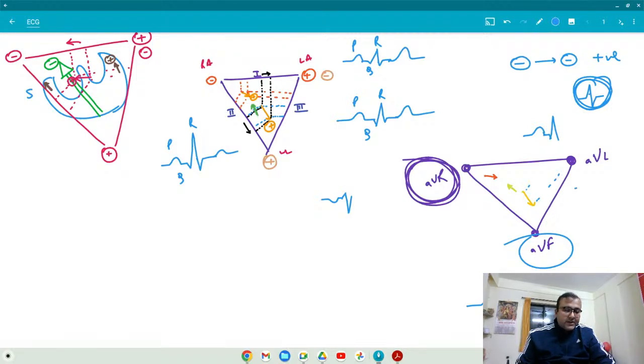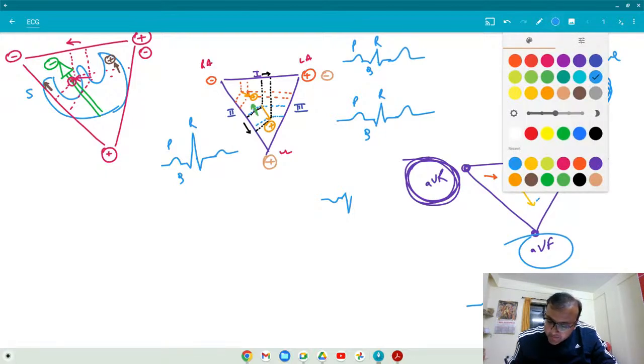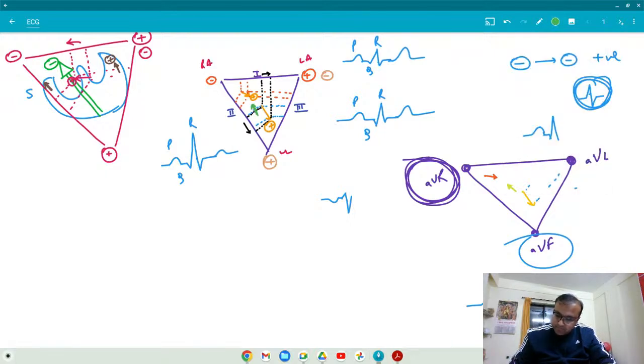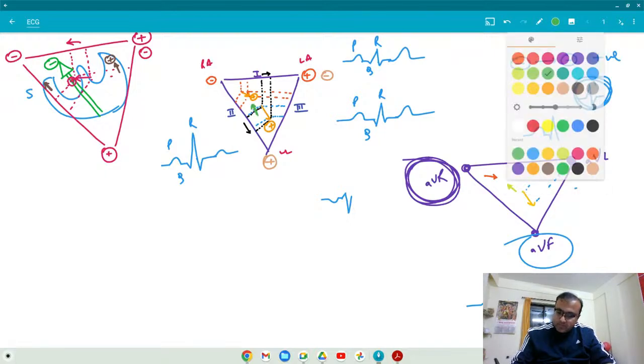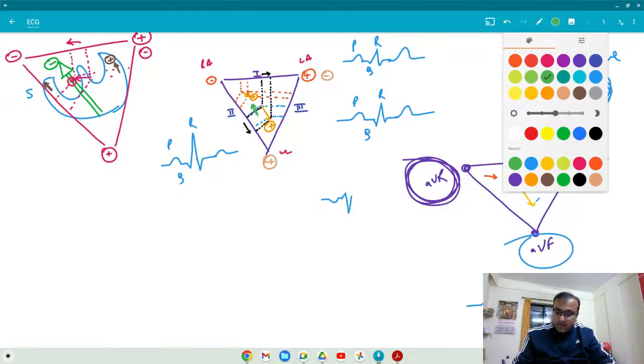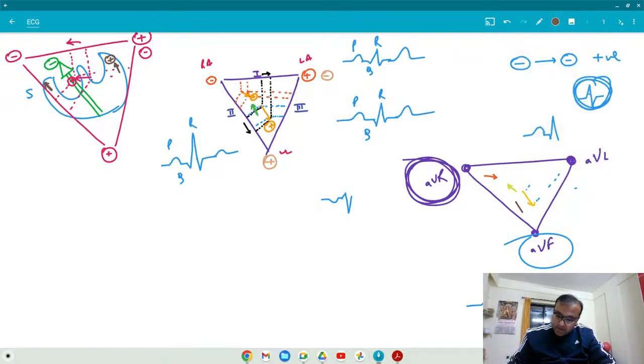What about repolarization? Let's do something about repolarization this time. So in which direction should the repolarization wave go? Towards AVR. And mind it, this is electronegativity. Correct.